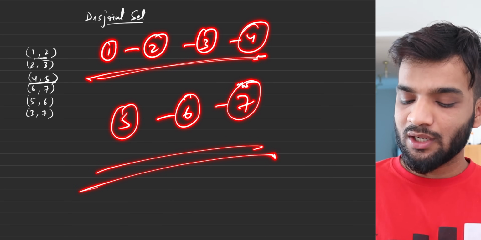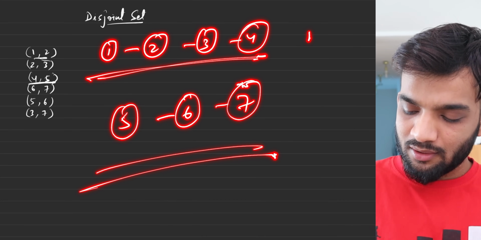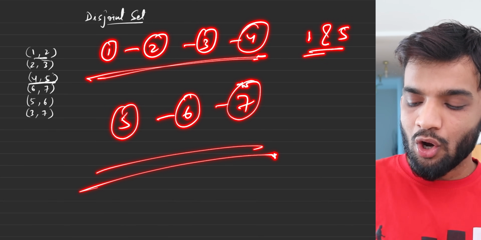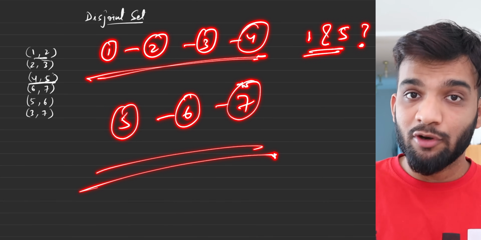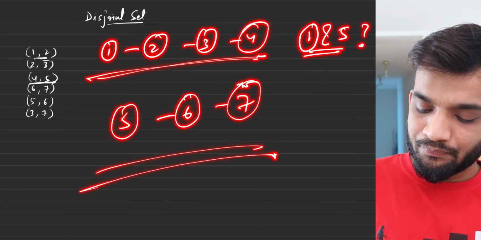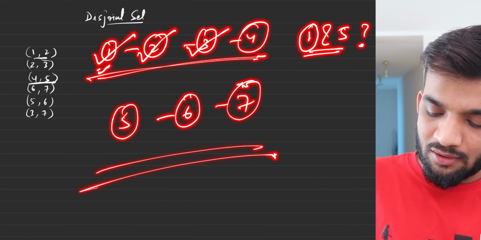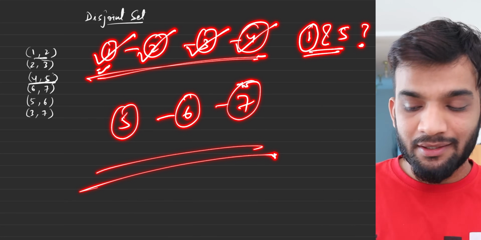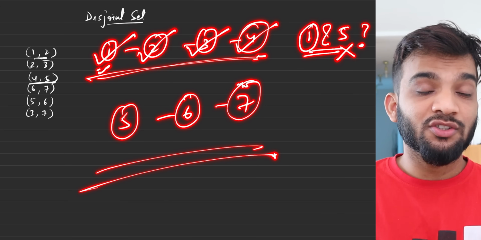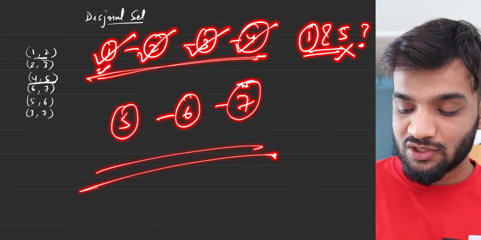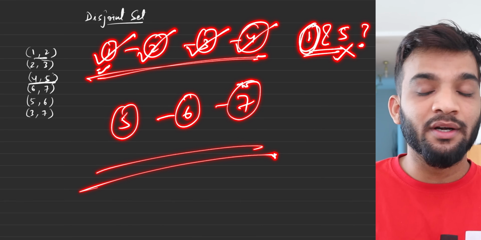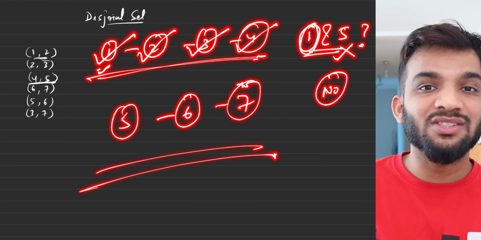Now suddenly someone will come up and say, hey, does 1 and 5 belong to the same component or not? How will you determine? You'll pick up 1 and you'll start a DFS traversal. 1, 2, 3, 4. And the traversal is complete. You could not find 5. Since you could not find 5 in the DFS traversal of 1 in that component, you'll be like, they do not belong to the same component.